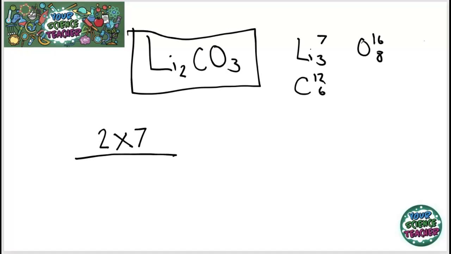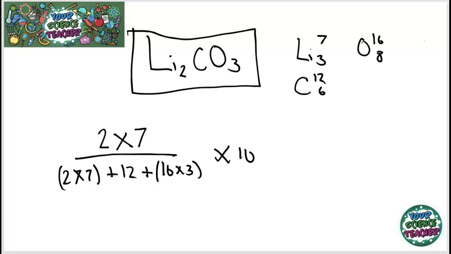Well, I'm going to do this 2 times 7 because there is still going to be lithium in the whole compound, and I'm going to add it to carbon, which is 12, and I'm going to add it to oxygen, and there's 3 of them, so it's going to be 16 times 3. And if I times it by 100 to put it in a percent, that will tell me that 19% of my whole compound is lithium.